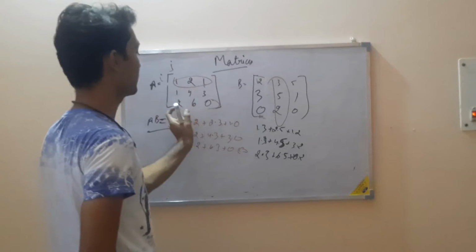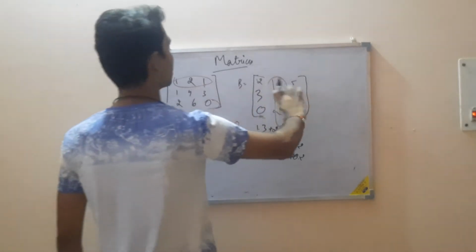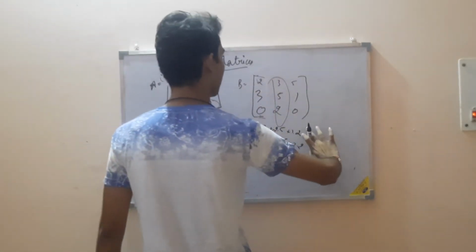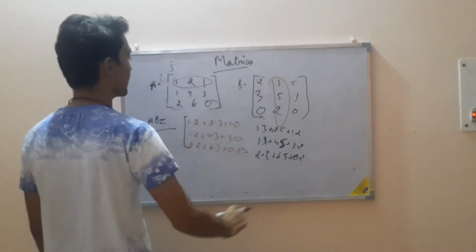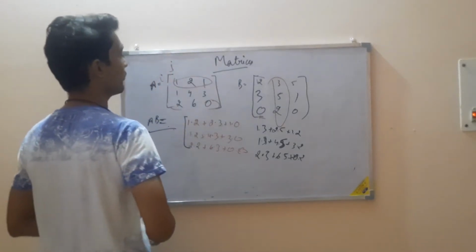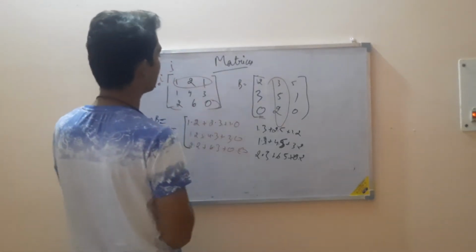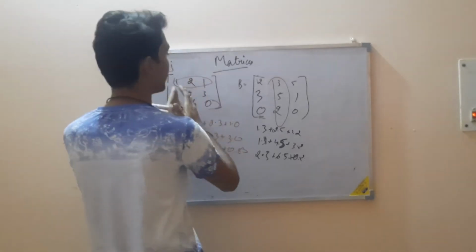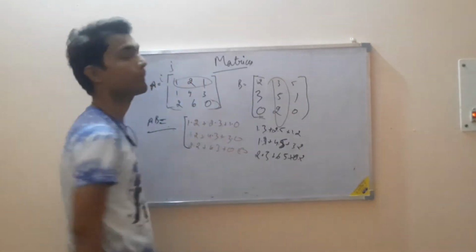Okay, so now for this column, we will be multiplying this matrix by this column.